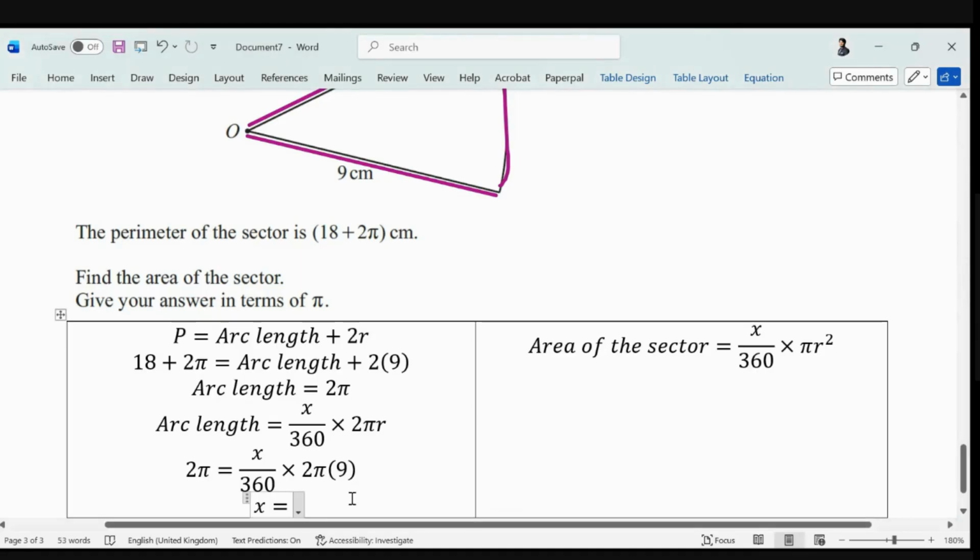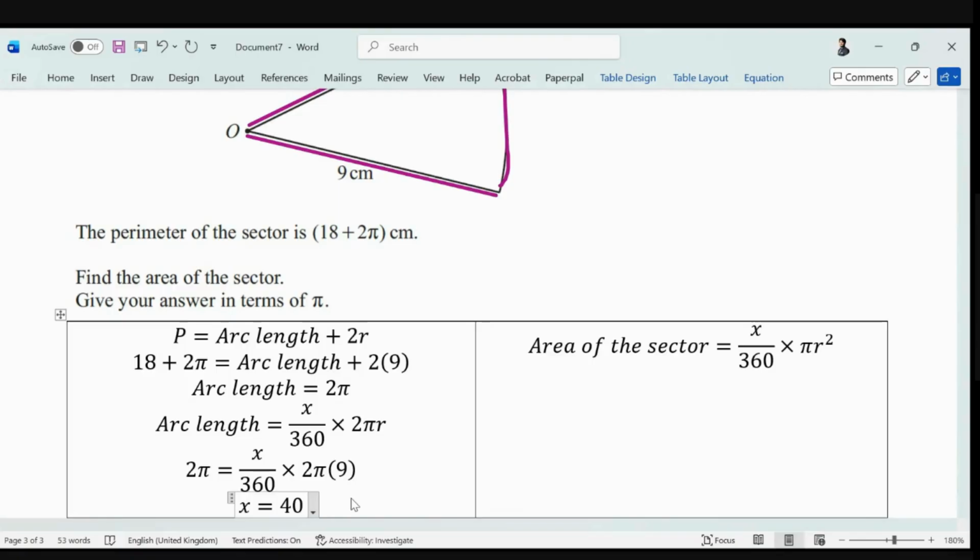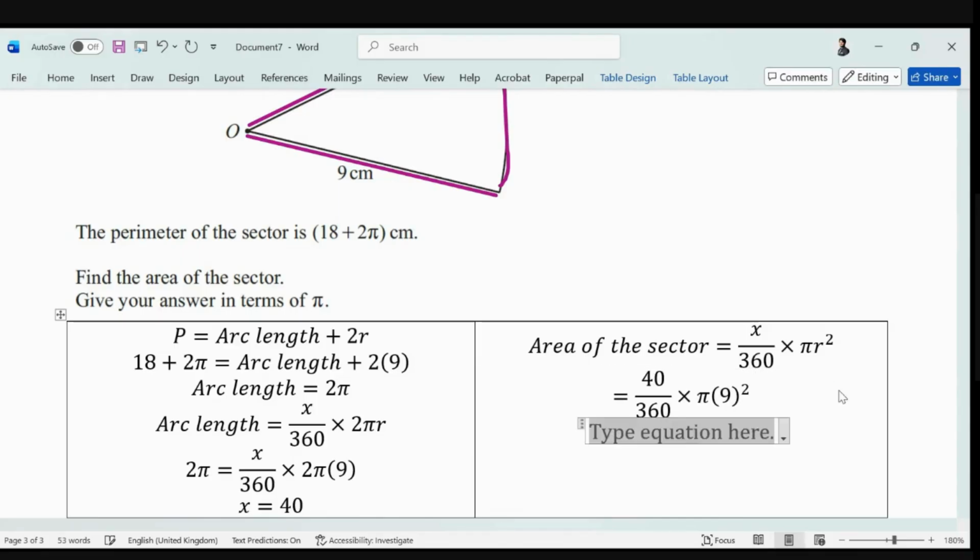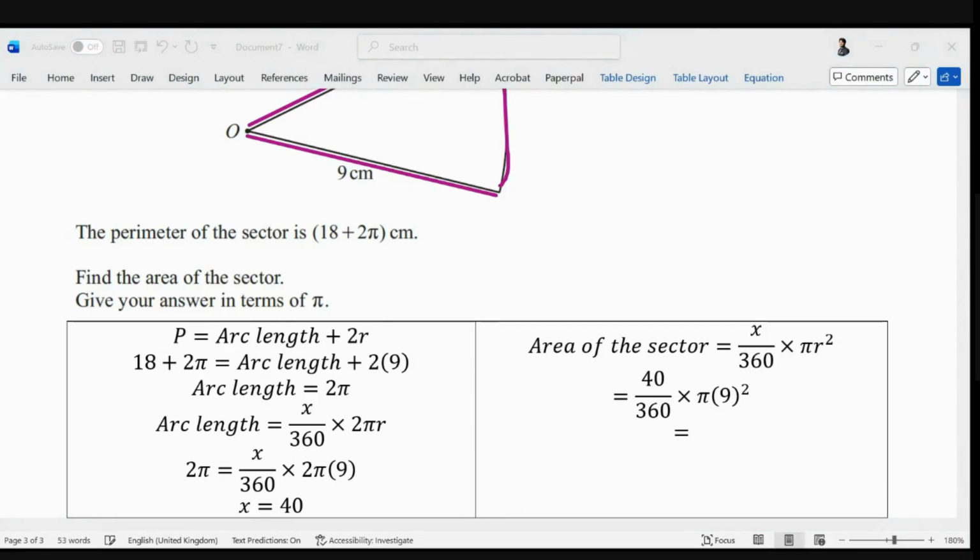What's the angle that you people are ending up with? 40. Once you figure out that the angle is 40, now you can use that, and your radius is 9. It's the area of the sector that you will end up with. Nine pi centimeter square is the answer, right?